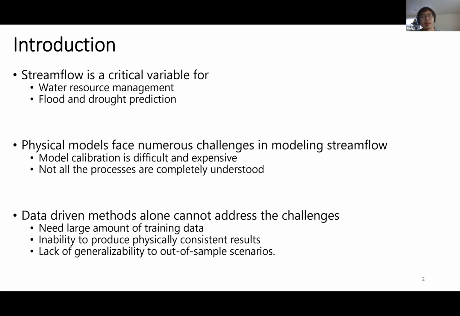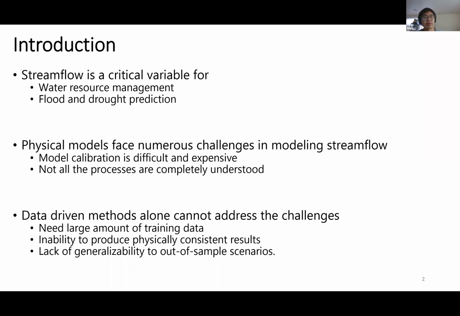Then in this big data era, machine learning tools and data science techniques are becoming very popular these days. Scientists from domains other than hydrology would like to implement those tools to tackle real world problems. Those form a new regime called data-driven methods.